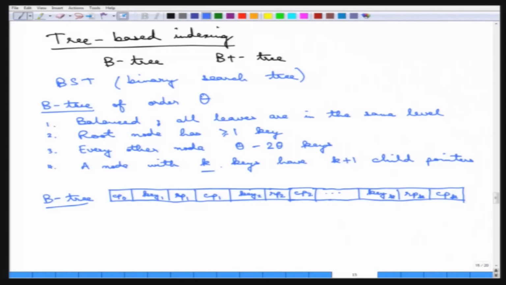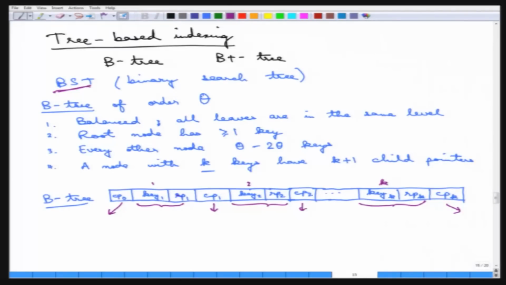So let us try to understand this. There are these k keys: key 1, key 2, up to key k. Corresponding to each key, the record pointer, which stores the record of the corresponding key, is stored next to it. So there are k such record pointers and keys, and then there are k plus 1 child pointers, and the child pointers follow the same idea as the BST.